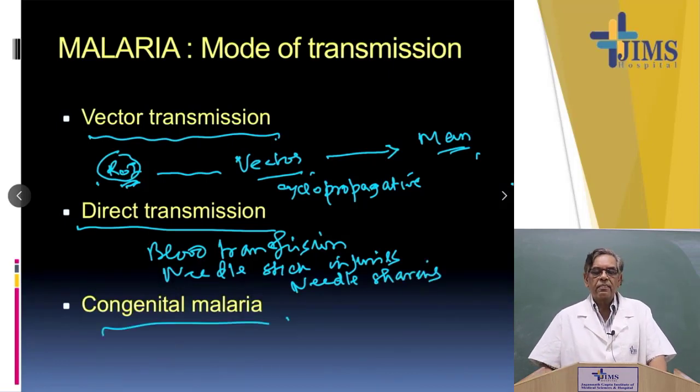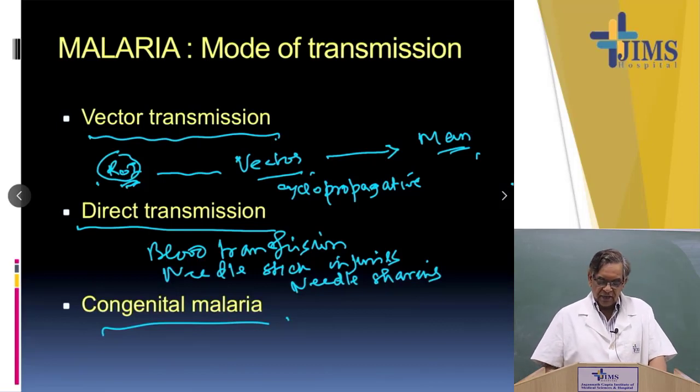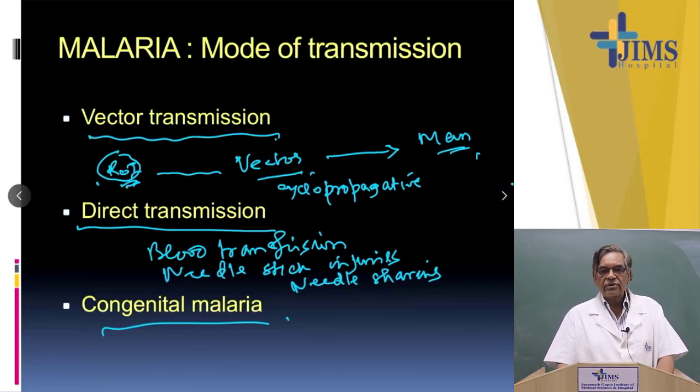Congenital malaria is the malaria where a pregnant woman, when she has malaria, transfers these parasites to the fetus, and the child suffers from what we call congenital malaria.